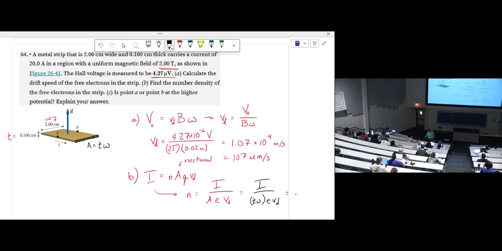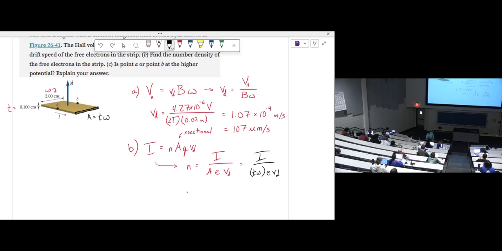If you multiply all of this out, you end up getting that n is equal to 5.85 times 10 to the 28 per cubic meter. So we get, what would that be?